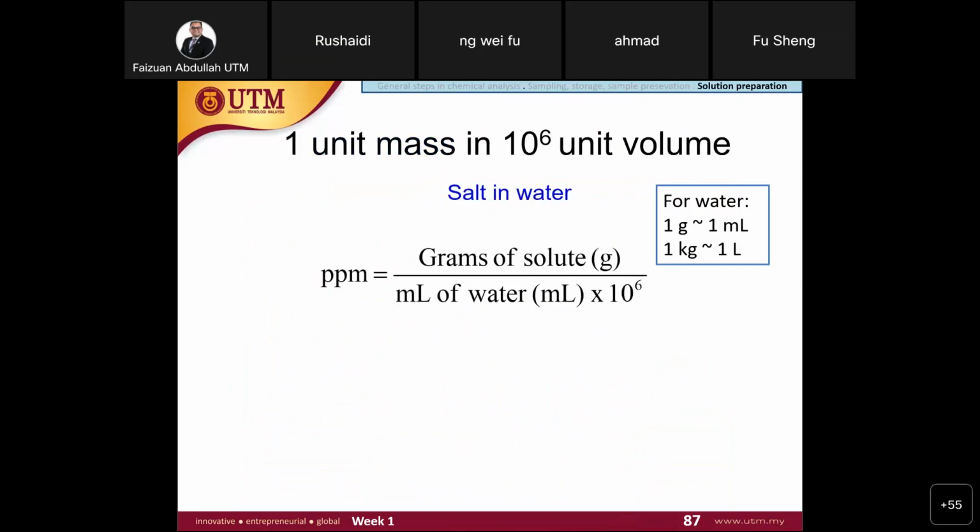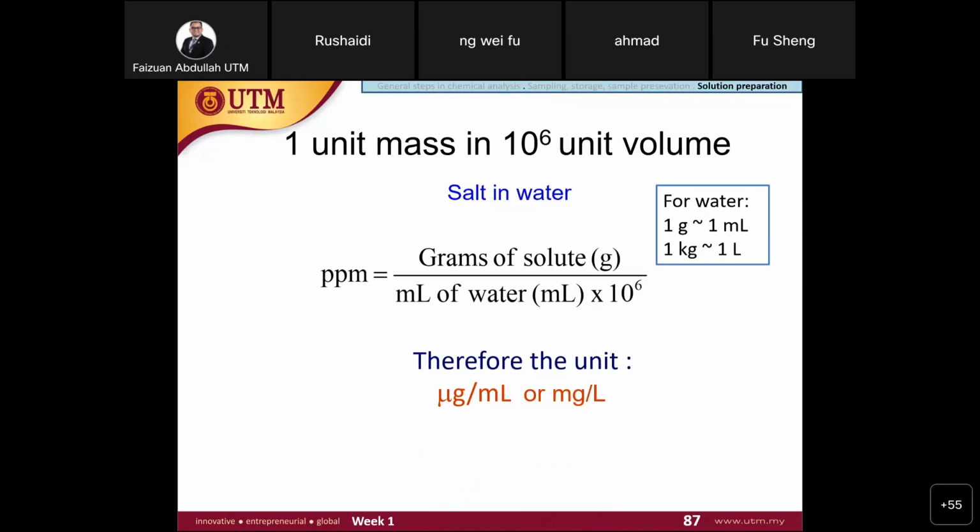All right, so 1 ppm of salt in water is 1 gram divided by 1 million ml, or 10 to the power of 6. So it is equal to 1 ppm. Therefore the unit is 1 microgram divided by 1 milliliter, or equal to 1 milligram divided by 1 liter. Do you understand why it becomes like this?